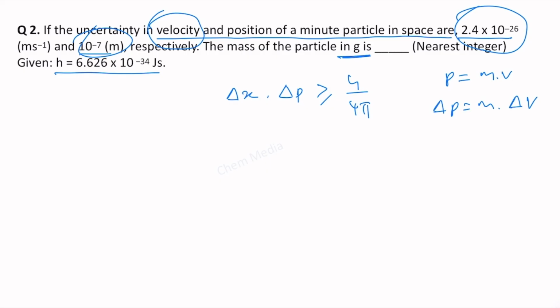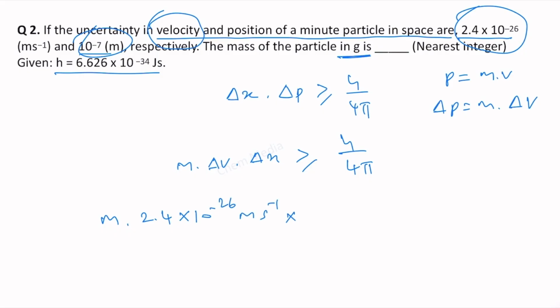Let us rewrite this equation this way. m times delta v times delta x is greater than or equal to h by 4 pi. So, m we need to figure out. Delta v value is 2.4 times 10 to the power minus 26 meter per second. Delta x value is 10 to the power minus 7 meter, greater than or equal to 6.626 times 10 to the power minus 34 kilogram meter square per second.